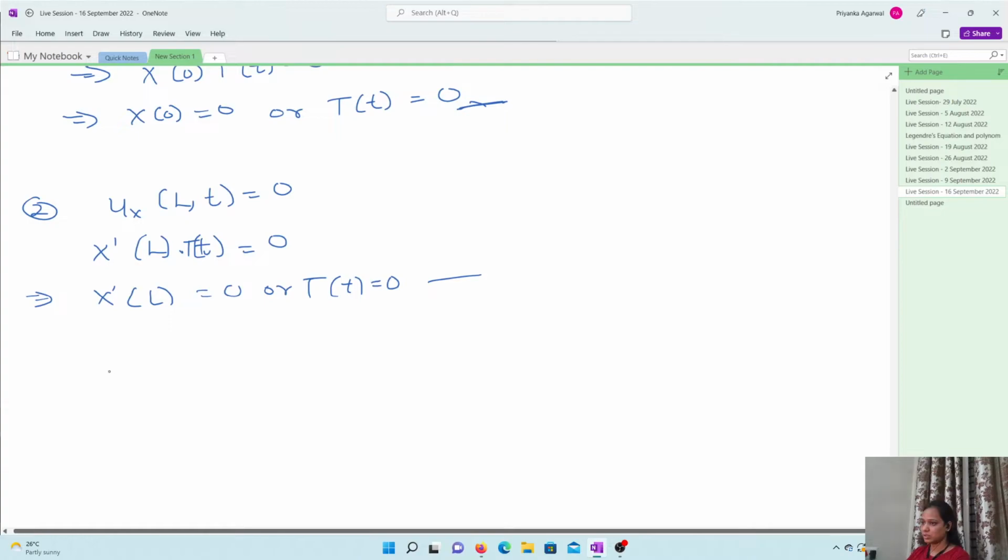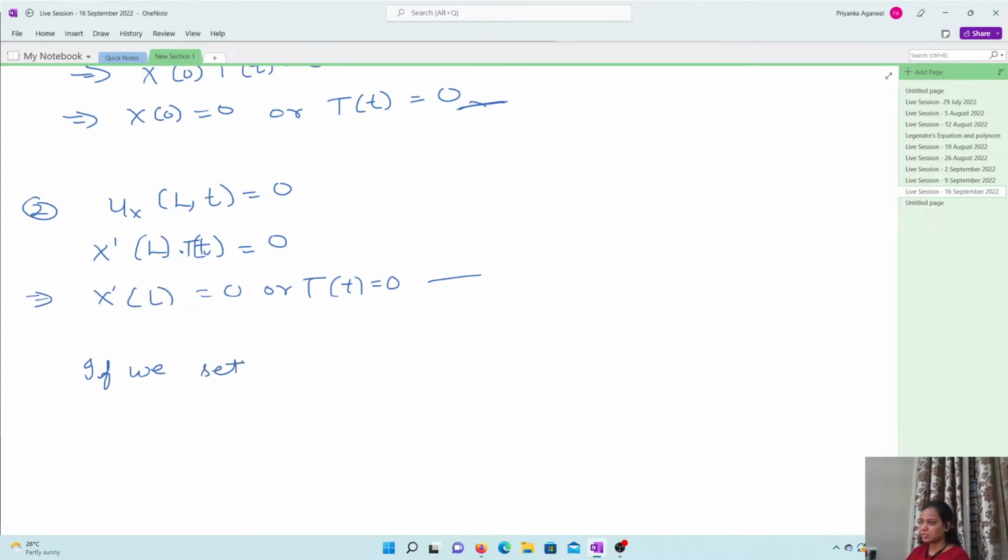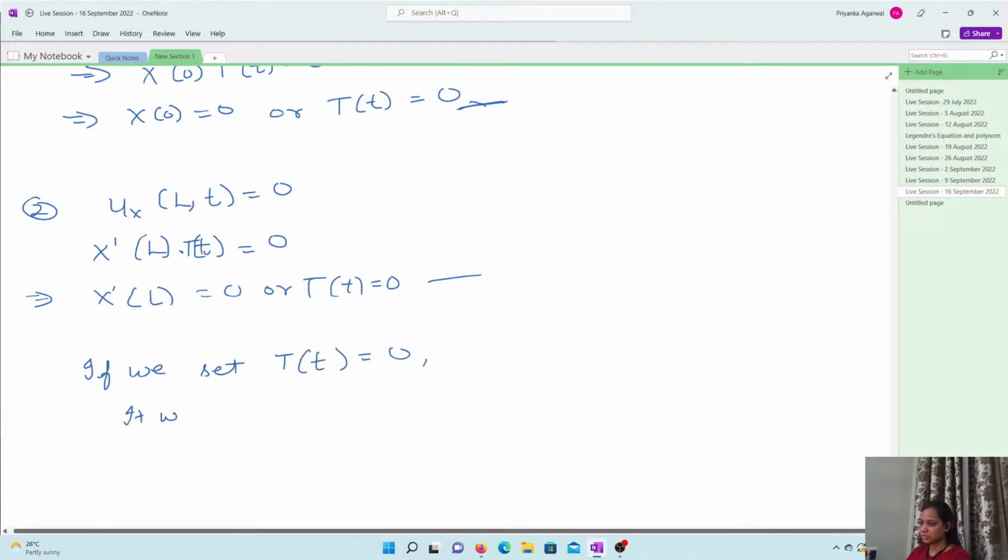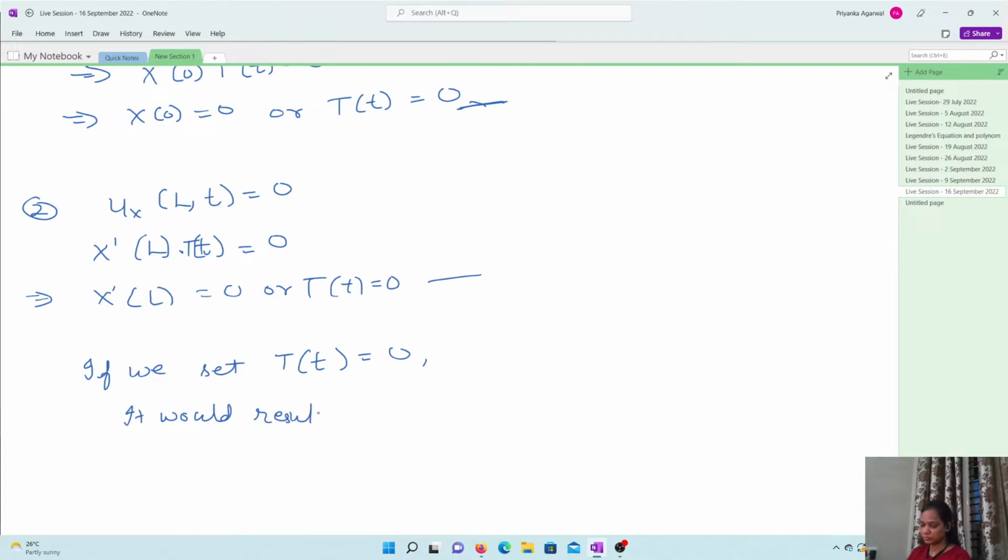and say we set T of t equals 0, then this would result in a constant 0 solution, but that is not what we want.